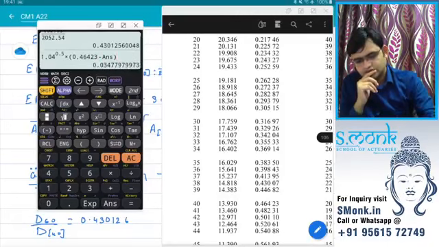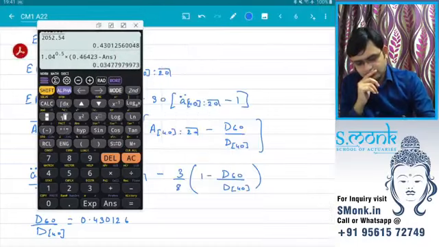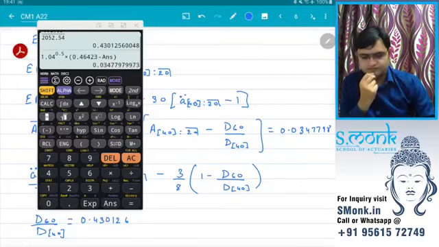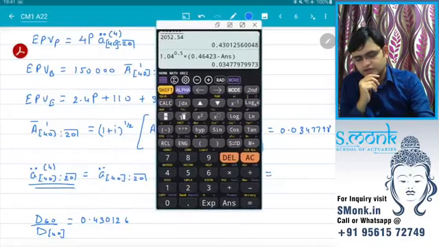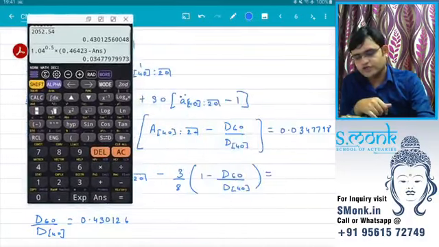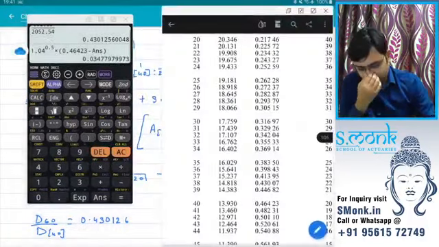Close. Then this value, A due, this much, whatever. So A due 40 20 we can directly take from the endowment table.